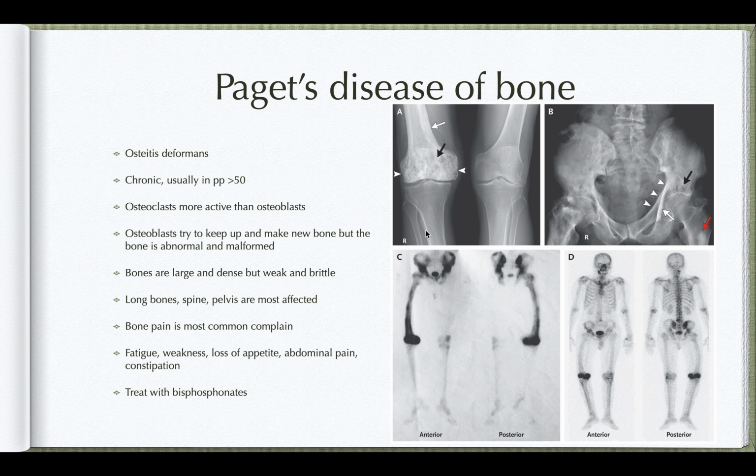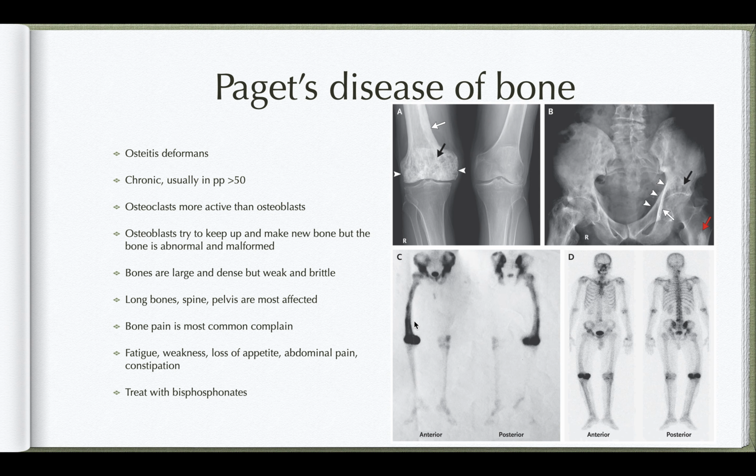The osteoclasts are a little bit more active, and the osteoblasts will overcompensate. The bones are large and dense, but they're weak and brittle because the osteoblasts are just in a hurry and they just kind of slap down any old bone, right? Usually the long bones, the spine, and the pelvis are mostly affected.